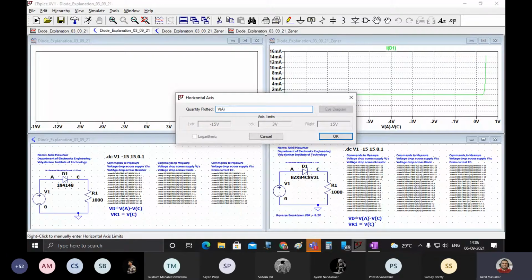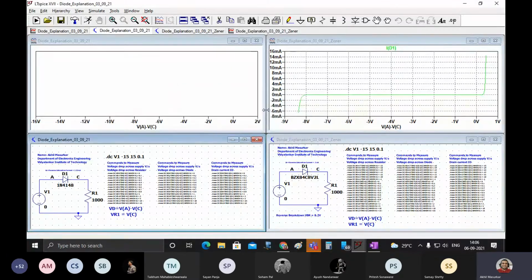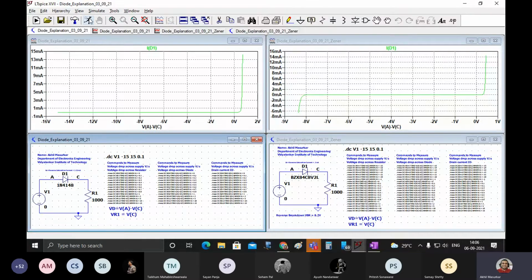So in one case you have the normal diode, in another case the Zener diode. Post this output now in the chat box.